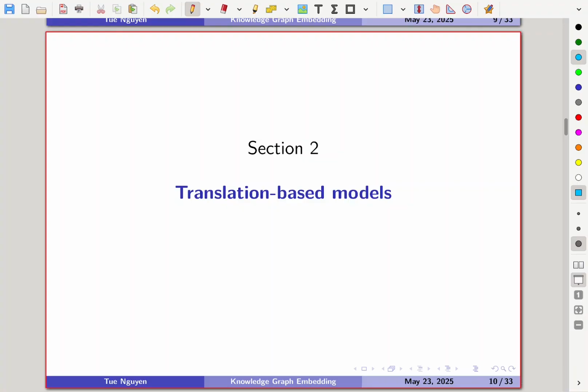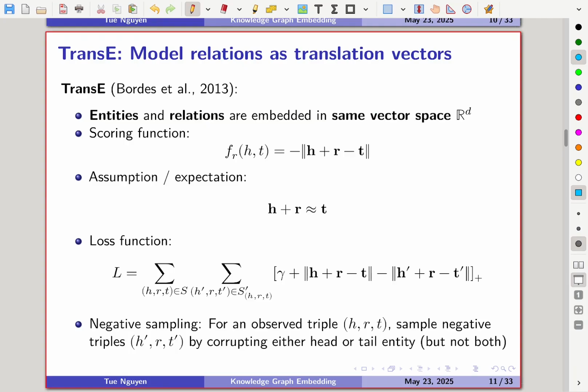Now we move to the second section, which is about translation-based models. The first model is TransE, and this model was proposed by Bordes et al. in 2013. In this model, entities and relations are embedded in the same vector space R^d, and the scoring function is just the negation of the Euclidean distance between the sum of head and relation, and the tail.